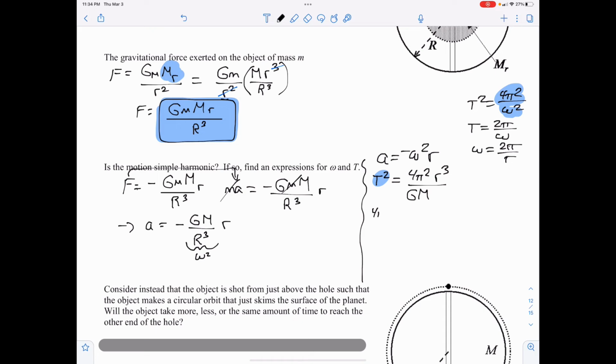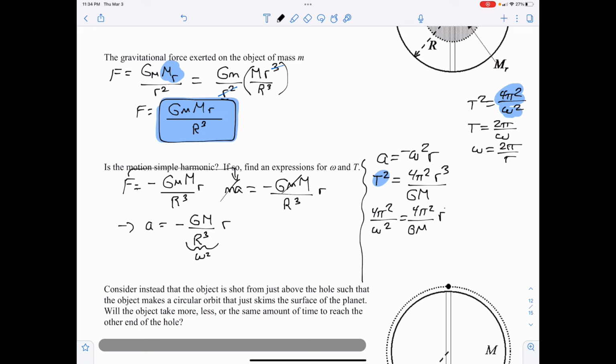So we have 4 pi squared over omega squared equals 4 pi squared over GM times r cubed. You can see our stuff's already getting ready to cancel.